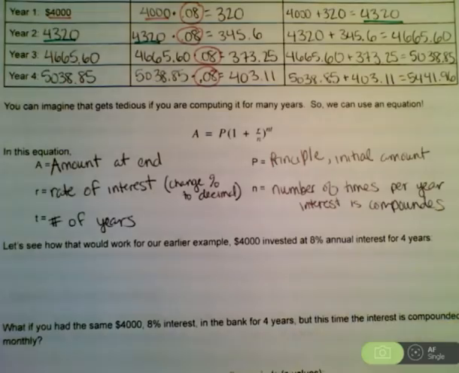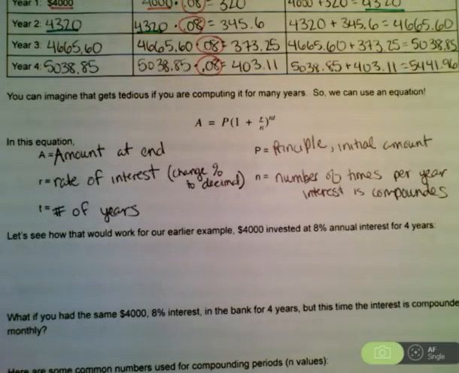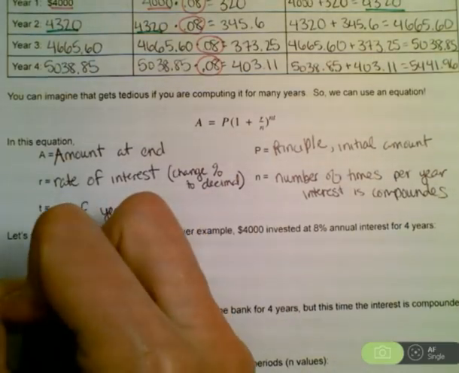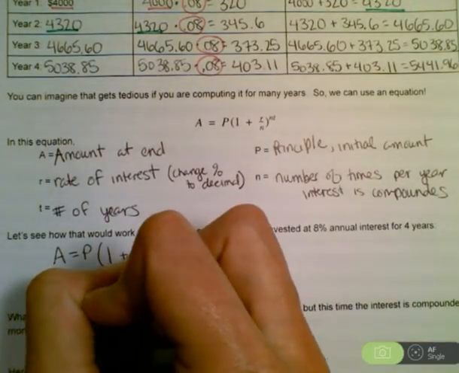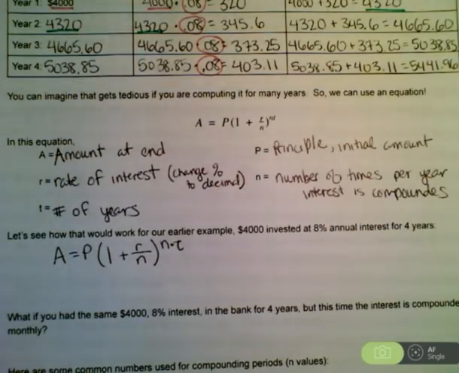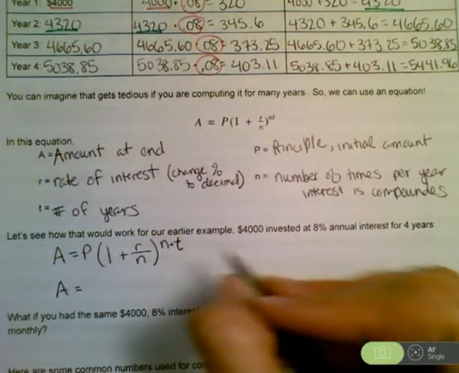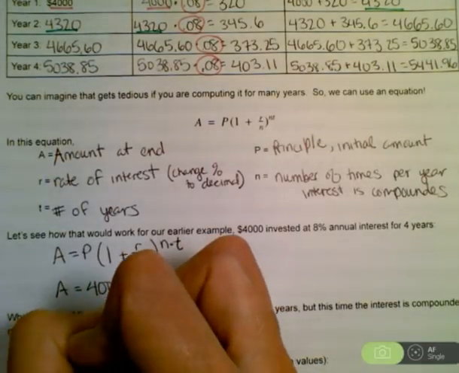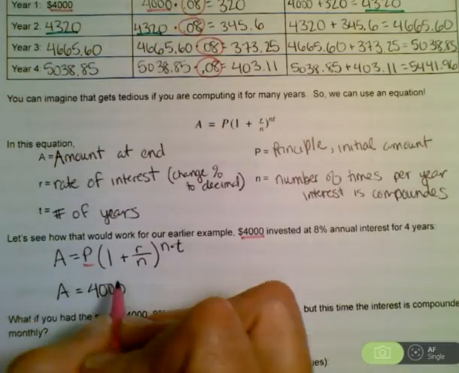So we can just try that with the example that we did before, where we invested our money for 4 years. So A equals, and I like to put that multiplication sign in there so I remember it's there. A is what we're looking for. Our principal is 4,000, so that's what goes there.